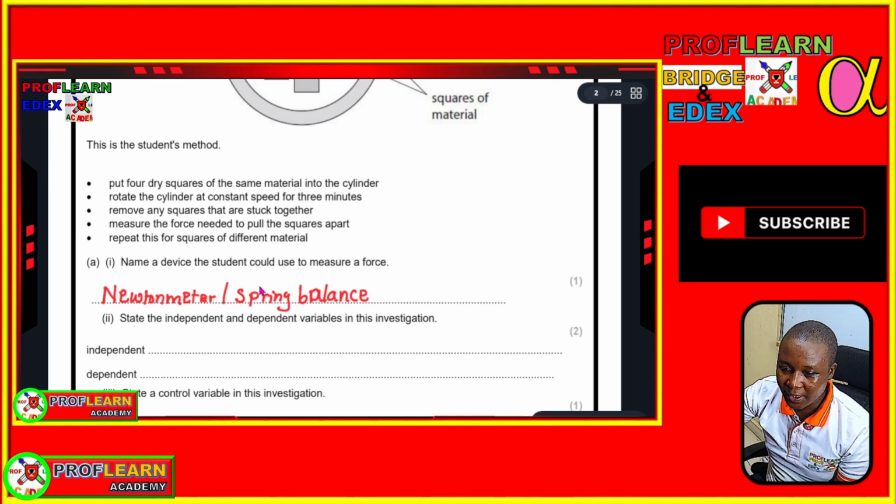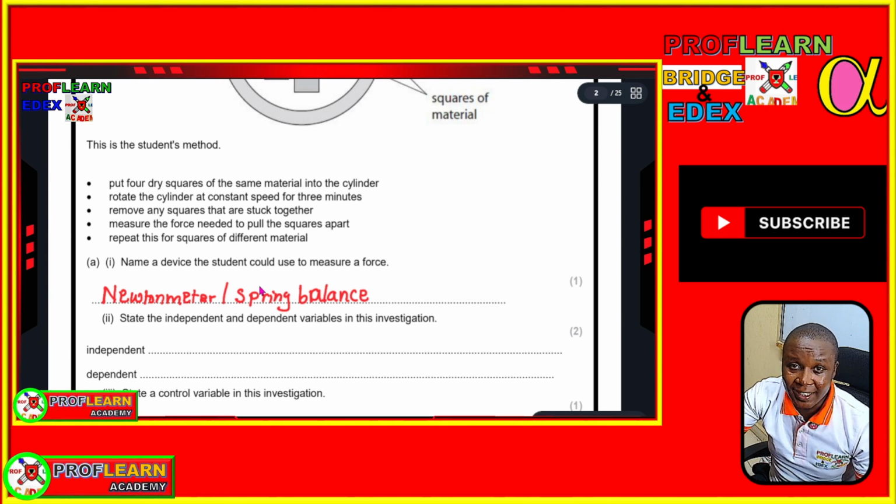Now, state the independent variable in this investigation. Remember, you might be asked a question when an experiment is given, and you are supposed to identify the independent and dependent variables, and also maybe what we call control variables.